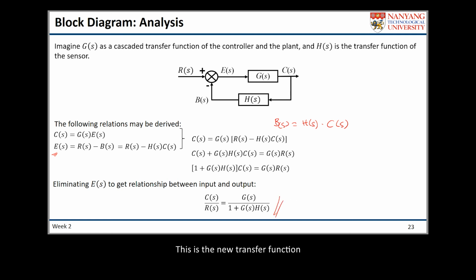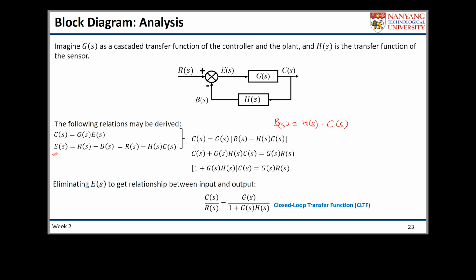This is the new transfer function that correlates the output C and input R. This means this complex block diagram can be simplified into a new simple block with this new transfer function. I call this the closed loop transfer function, the transfer function of a closed loop system, a controlled system.